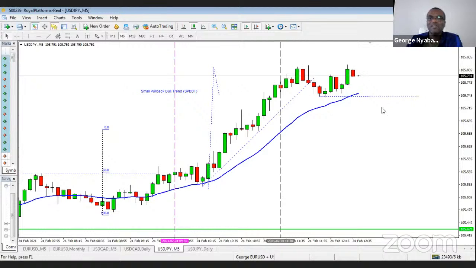We call that a moving average gap down. That would mean that the bears are strong enough to be able to put a full candle beneath the moving average. So they have strength.